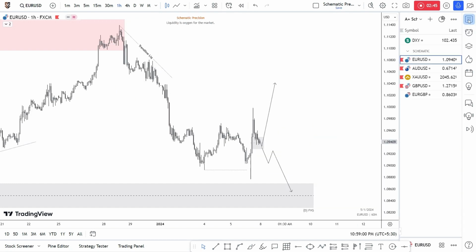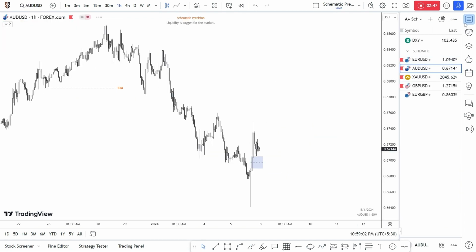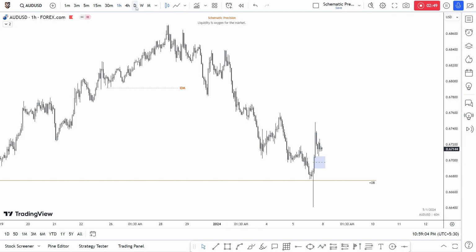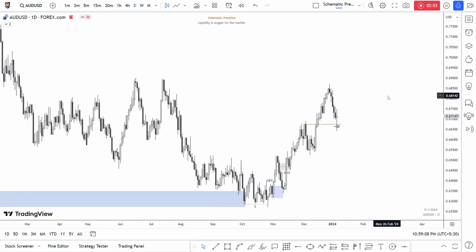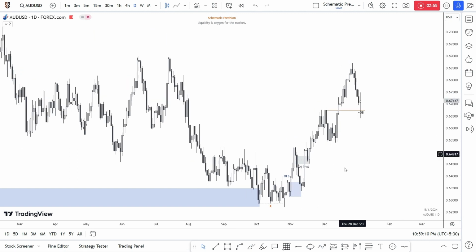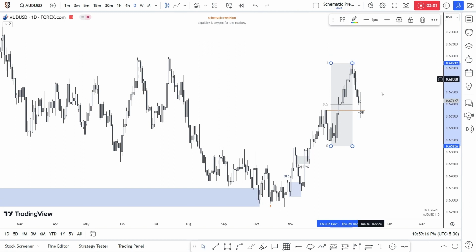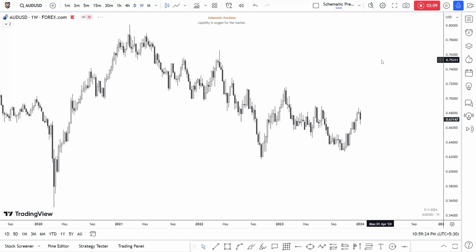Let's jump onto the other pairs. Looking towards the Aussie dollar, it's the same as the Euro USD as well. If we see in the last week, price has retraced to the discount zones and mitigated this order block from weekly time frame, if I'm not wrong.